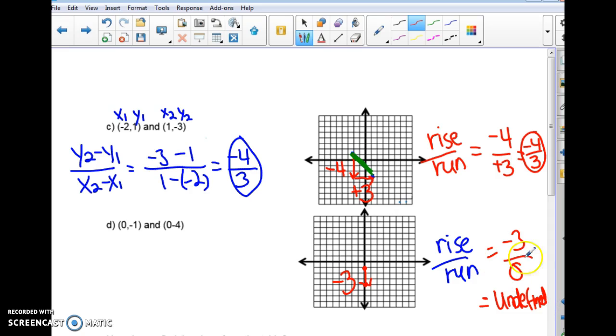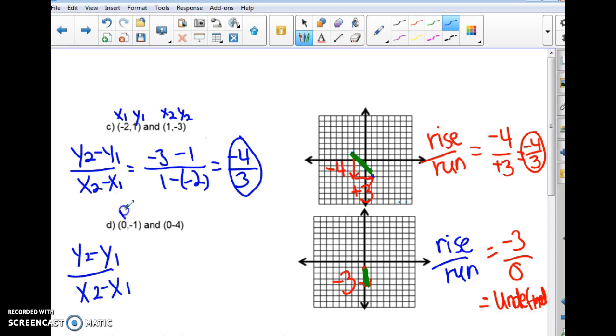Okay. So if I connect those two dots, it makes a vertical line, up and down line. And if you ski on that type of slope, even though you're a professional skier, it's impossible to ski on this type of slope. So it's going to be impossible. Anytime it's impossible, it's going to be undefined. Okay? So let's use the formula. y2 minus y1 over x2 minus x1.